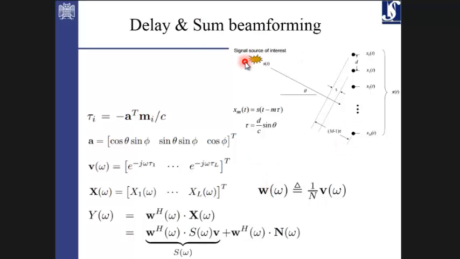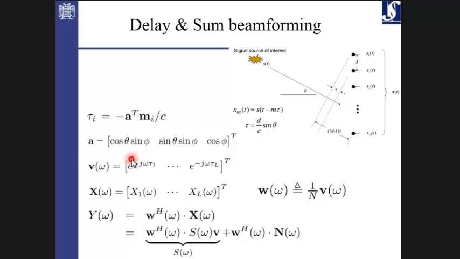But for delay and sum beamforming, as I explained in the previous slide, we're just going to line them up and take the average. That's all. Simply by choosing W to be the same as the array manifold vector, or the propagation vector, when you do the W Hermitian, it makes the conjugate, so every negative here becomes positive.